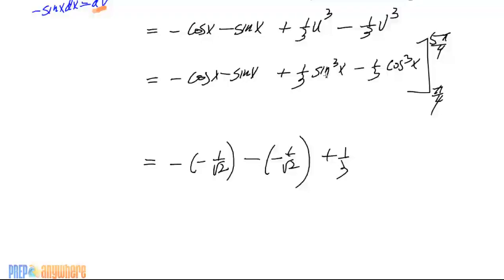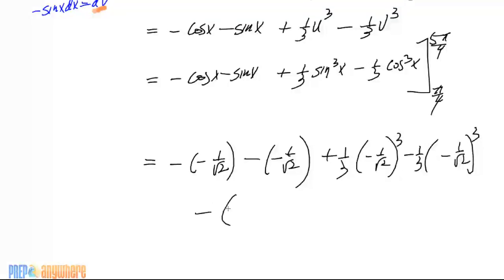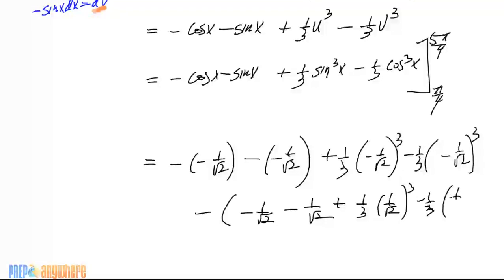So we get minus 1 over root 2 cubed, minus 1 over root 2 cubed again. Now we plug in pi over 4, which is just 1 over root 2, and 1 over root 2 cubed again.